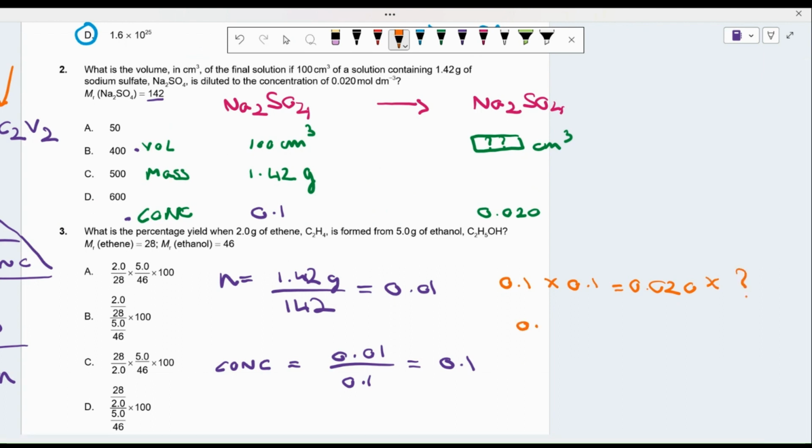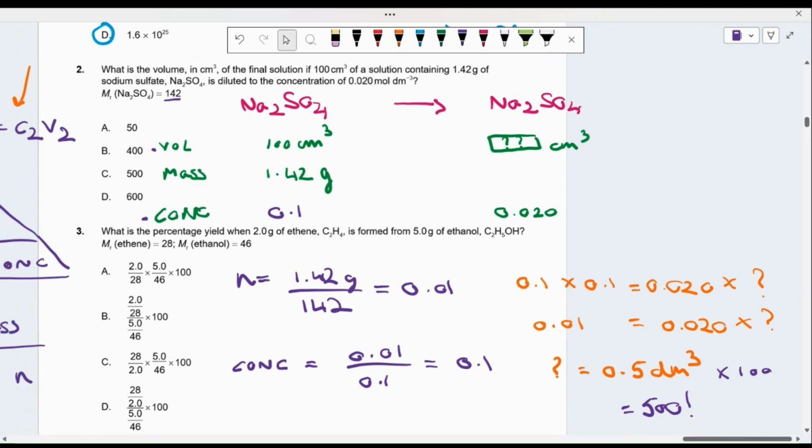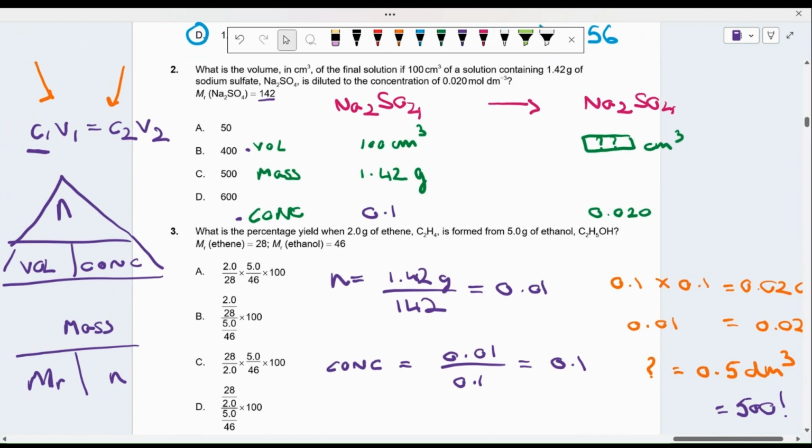Now this will give us 0.01 equals 0.020 times something. That something will be 0.5 decimeters cubed. Now we want that in centimeters cubed, so we're going to times by 100, and that's going to give us 500. Final answer of 500.